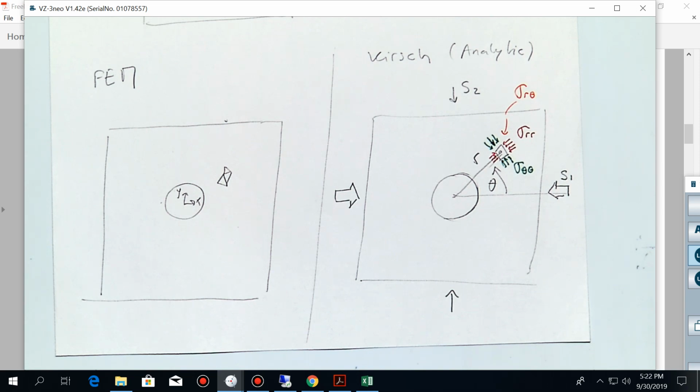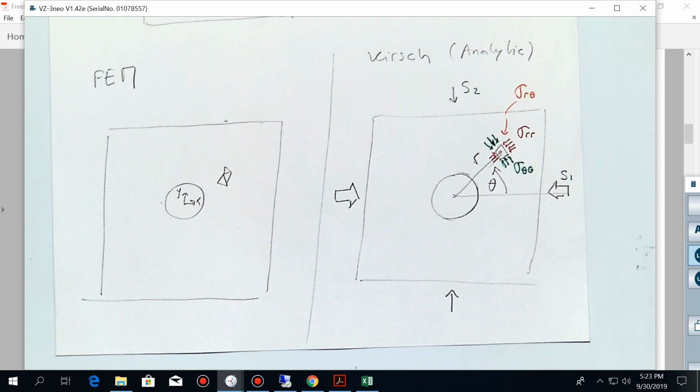These are cylindrical stresses. If you want to convert that to Cartesian stresses, you have to change the coordinate system. You have to use that transformation matrix that we saw before. But I'm not going to ask you to do that.